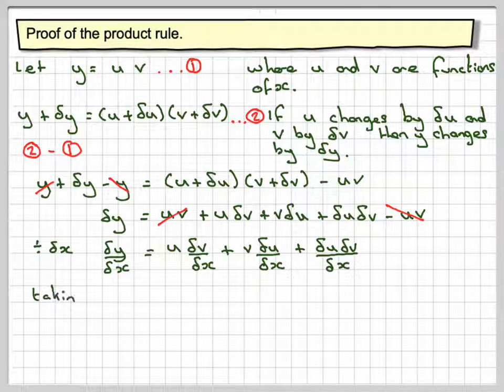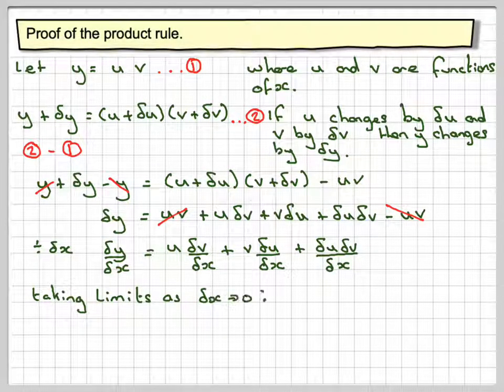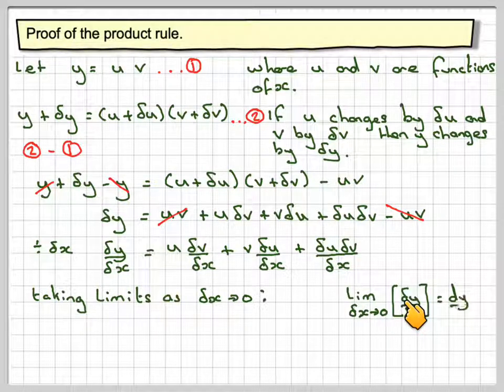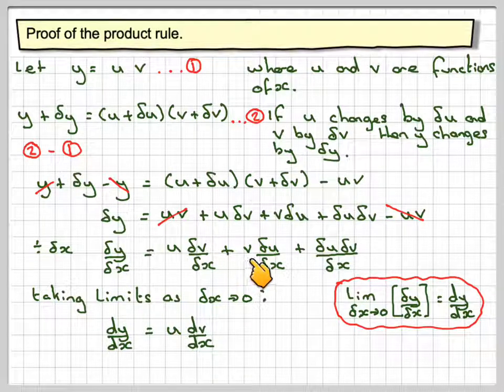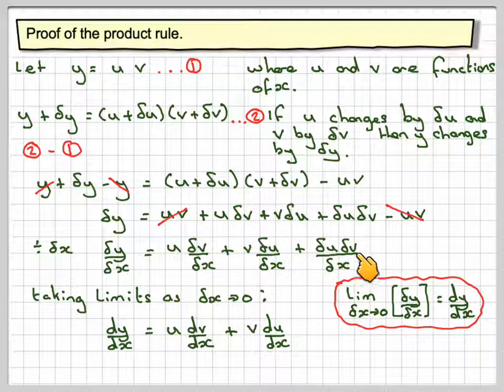Now if we take limits as delta x goes to 0, remembering that the limit as delta x goes to 0 of delta y over delta x is the derivative dy by dx, this becomes dy by dx, this becomes u dv by dx plus v du by dx. This last bit is so small that we can ignore it, so it's virtually equal to 0.